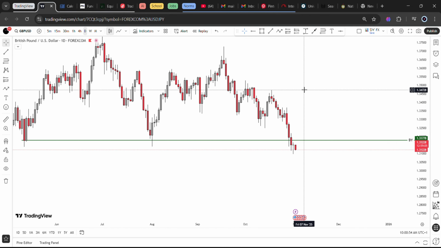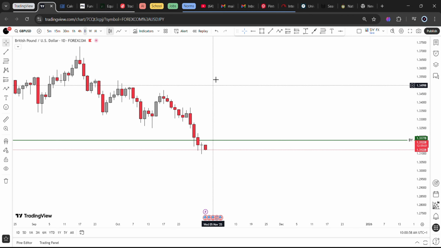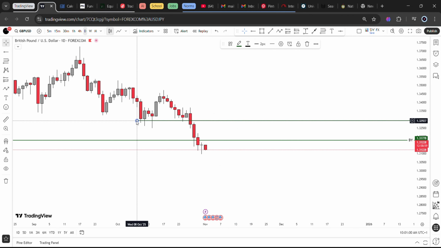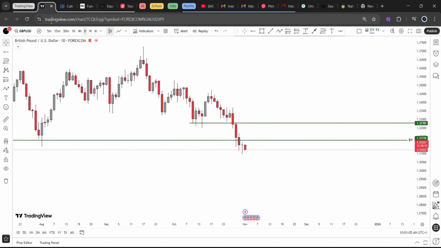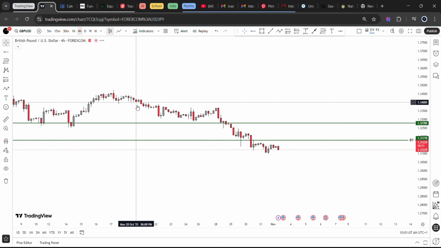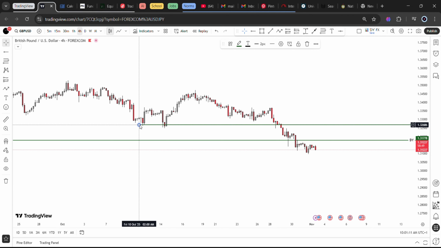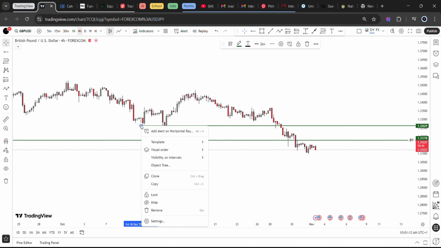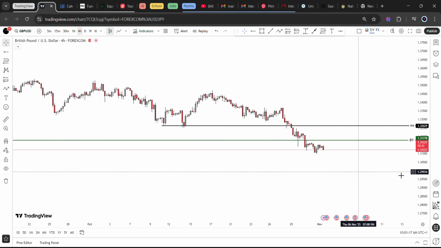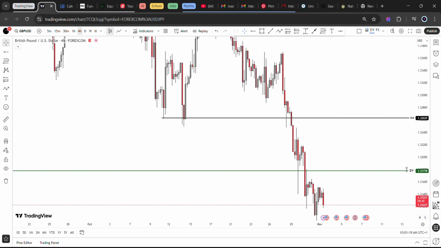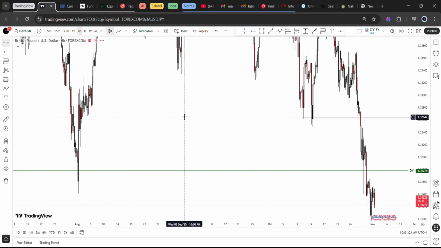So now let's continue with the analysis. On the daily time frame, I could see a support around this level. There's a support around here that has been broken, and it seems the market has already tested it. Let me rearrange it. Like I said, whenever I draw a zone on the daily time frame, I restructure my zones on the 1 hour and 4 hour time frames.